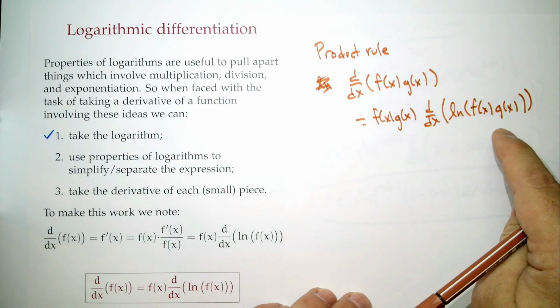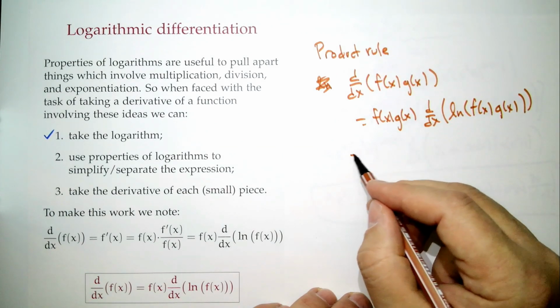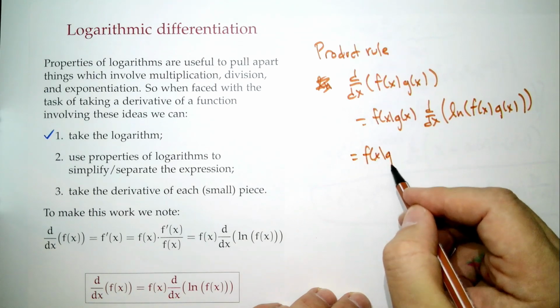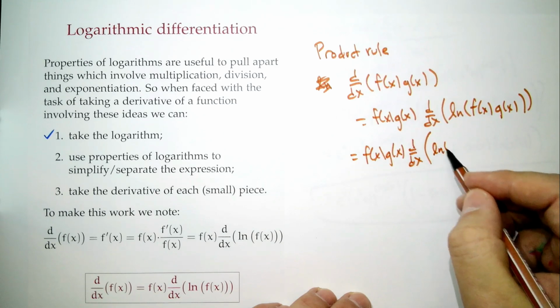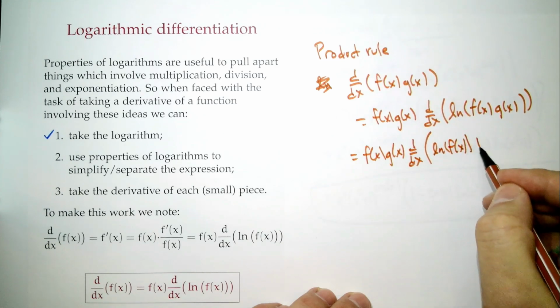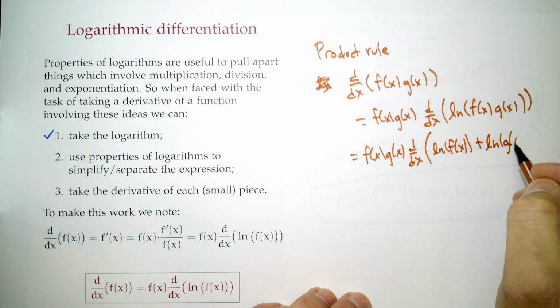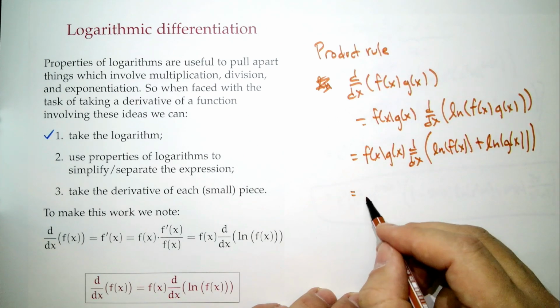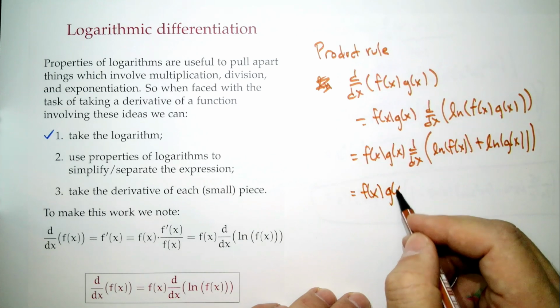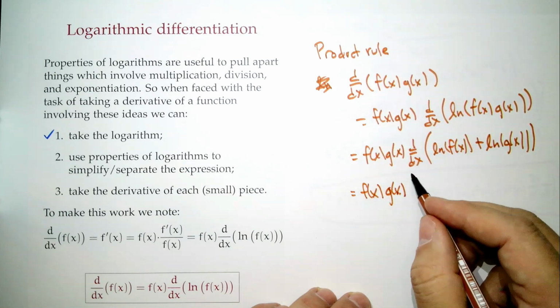But what can you do when you have a log of a product? You can pull it apart. So that's the derivative of the natural log of f of x plus the natural log of g of x. It's like, oh, hey, product rule has a plus in it. Interesting.